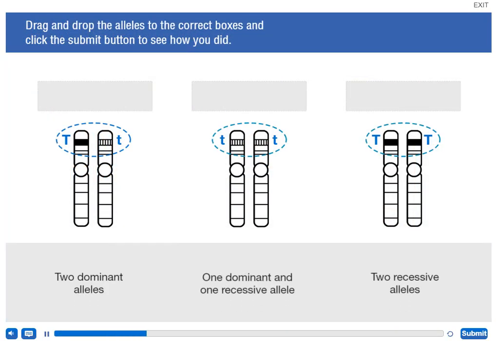It's your turn. Drag and drop the alleles to the correct genotypes and click on the Submit button to see how you did.